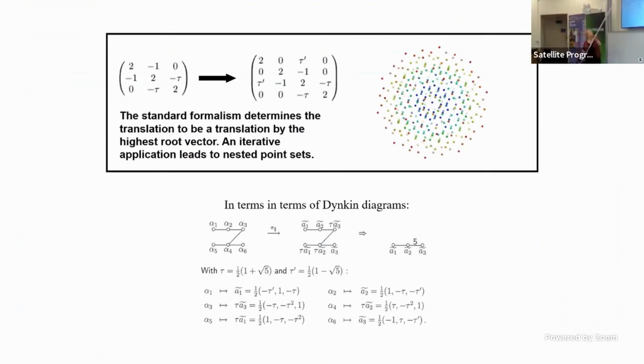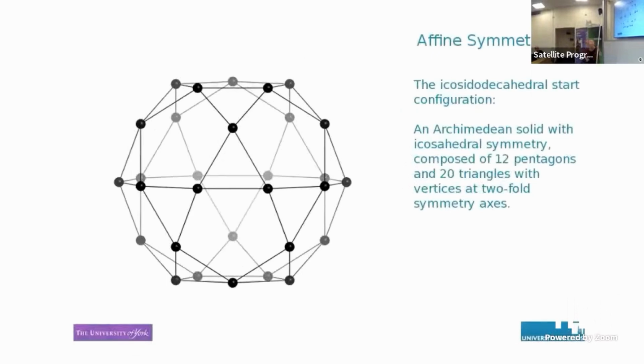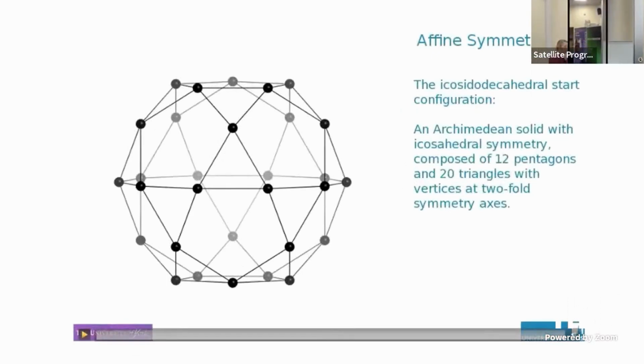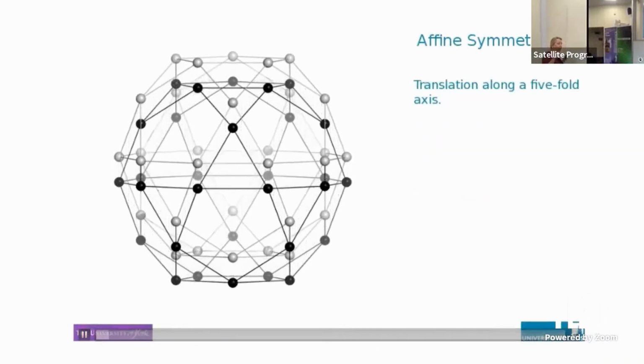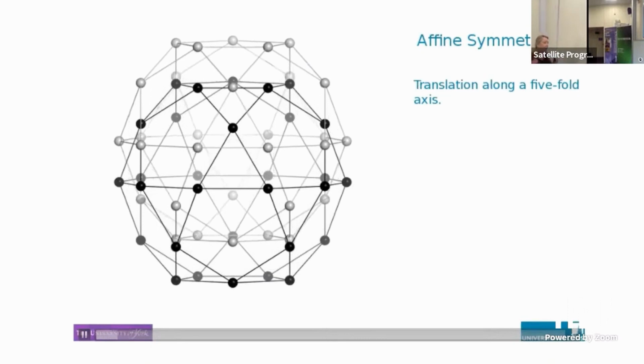Now again, you can do that same procedure, which is this analog to the Kac-Moody procedure, and extend those Cartan matrices here. What you then get, in this case, are these point arrays that come from the translations that we get via this formalism. I appreciate not everybody here is interested in group theory, so just think about that idea playing out on an icosidodecahedron.